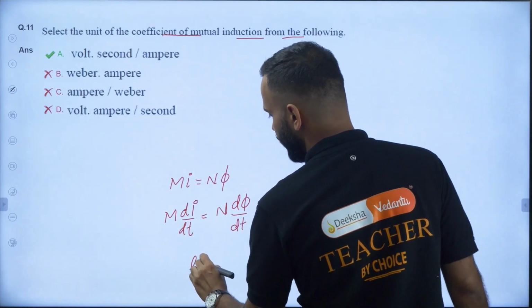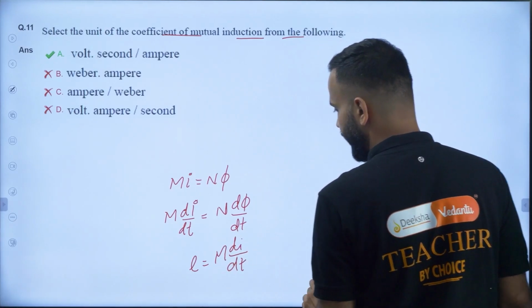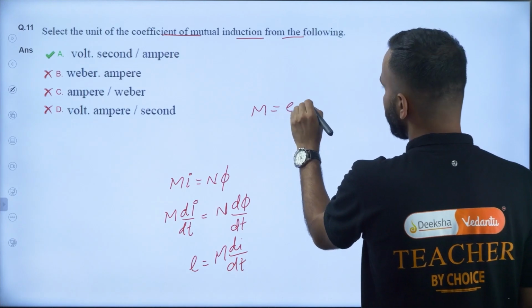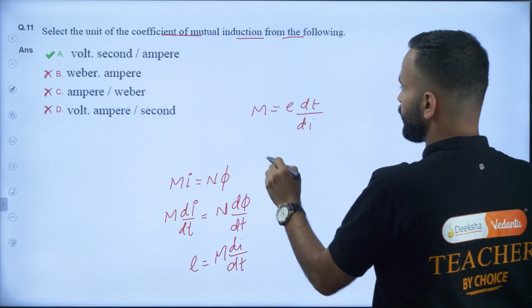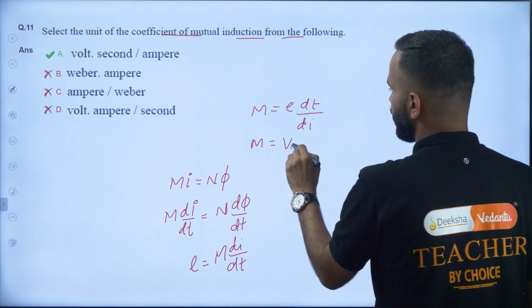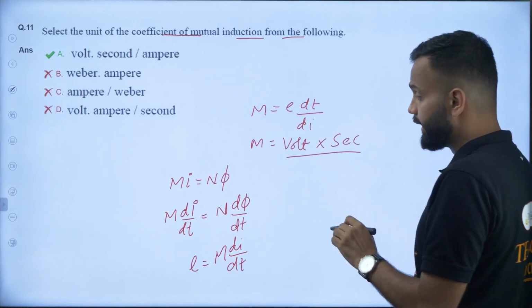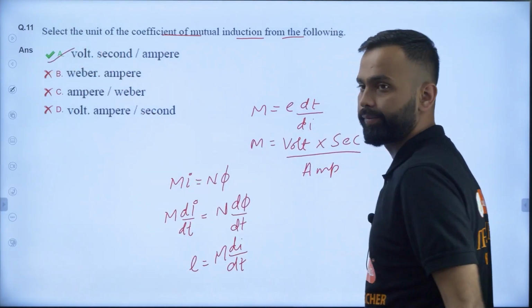So E is equal to M into di by dt. Now M equals E into dt divided by di. The unit of E is volt, the unit of time is second, and the unit of current is ampere. So the correct option is A.